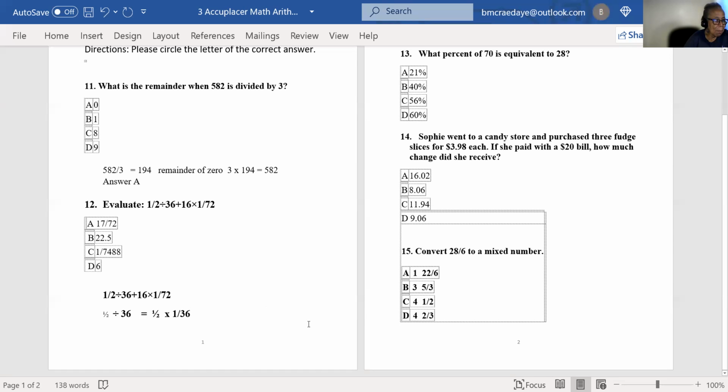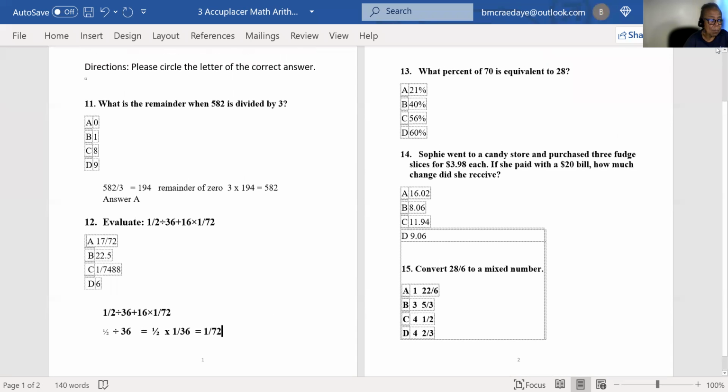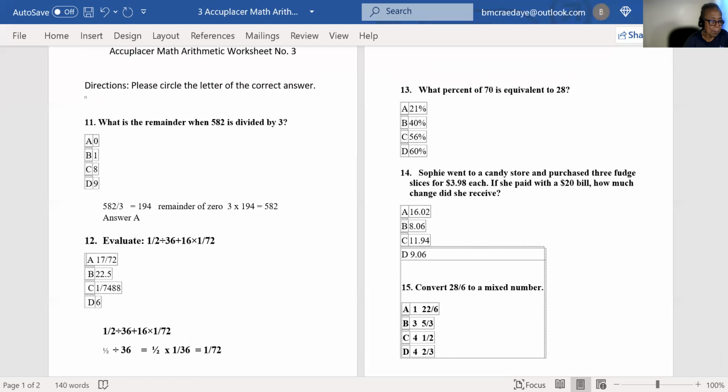Now you can just multiply numerators, multiply denominators. 1 times 1 is 1, and 36 times 2 is 72. All right. So what we have is 1 over 72. Let me just rewrite this and put our 1/72 here.